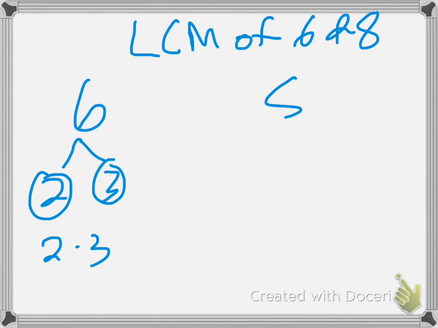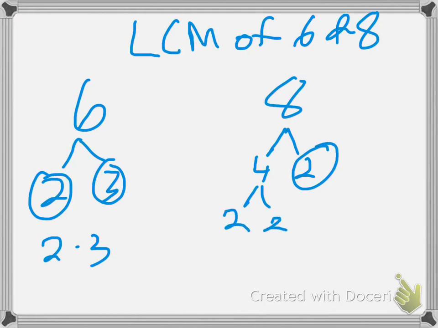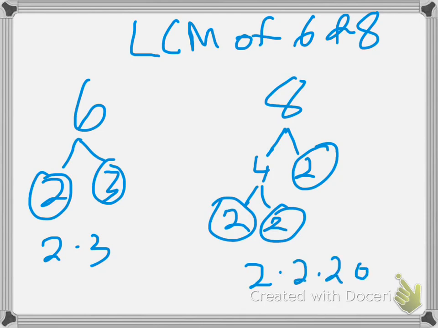Whereas 8, I can split that into 4 and 2. So 2 is prime. And then I have 2 and 2 there. So the prime factorization for 8 is 2 times 2 times 2, or 2 to the third power.